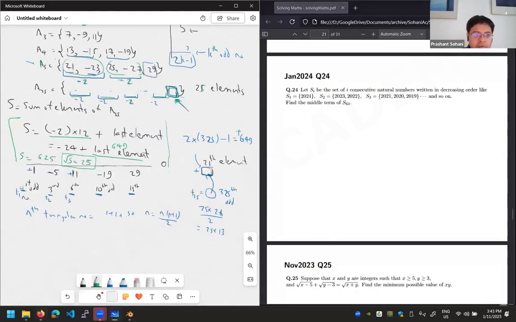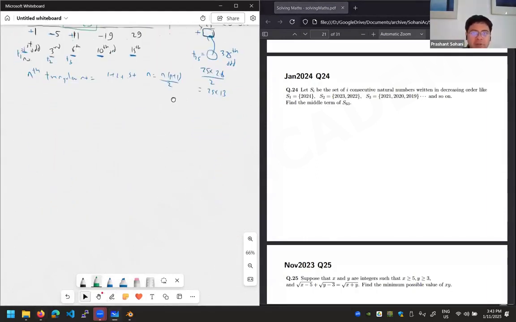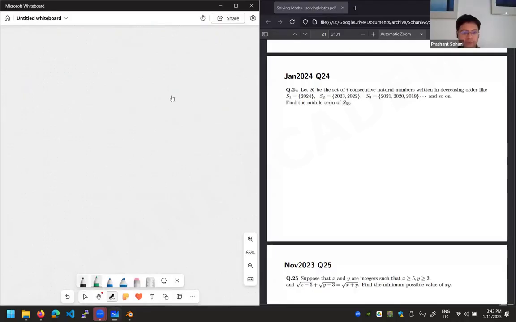In this question, again there is one more sequence involved. So you have sets S1, S2. Once more you'll observe that the set is becoming larger in size, like S2 has 2 elements, S3 has 3 elements, like that.